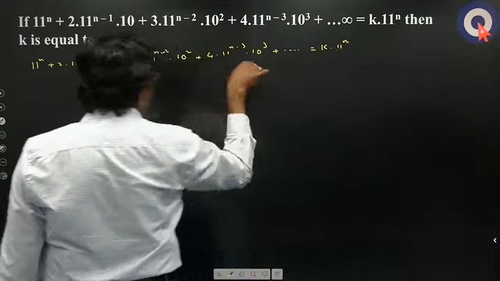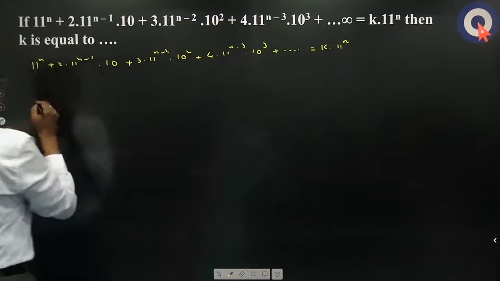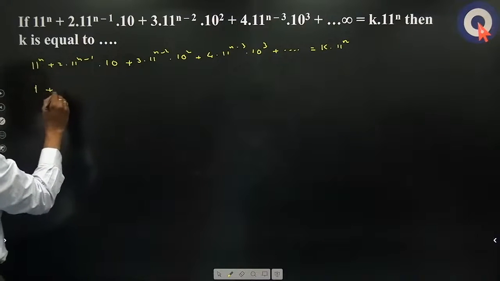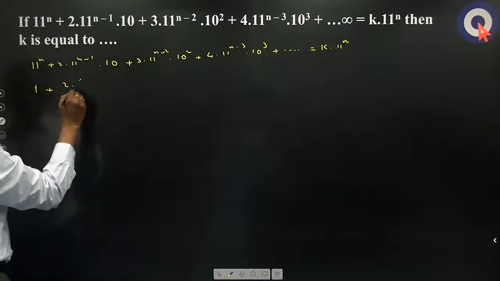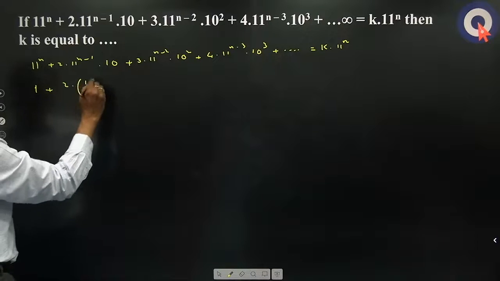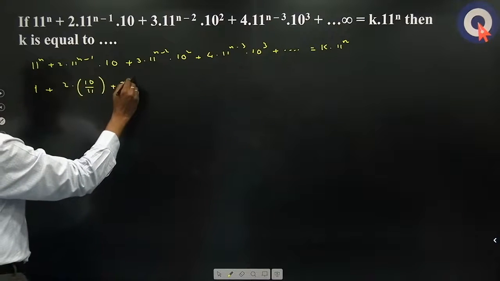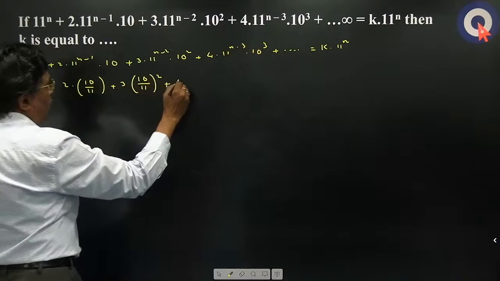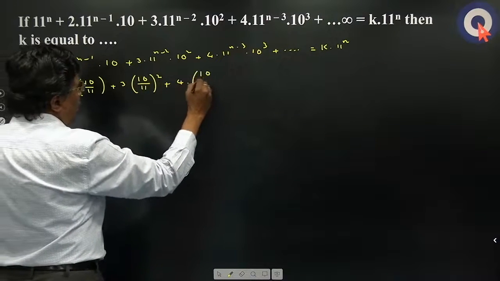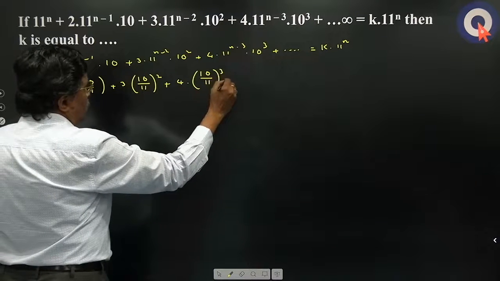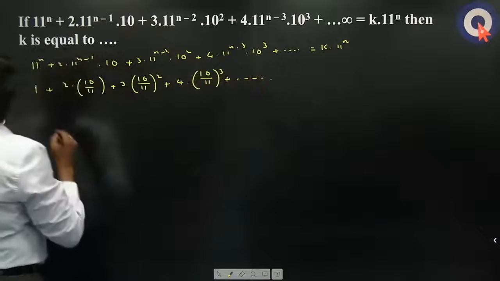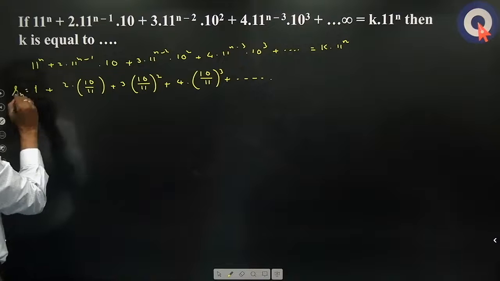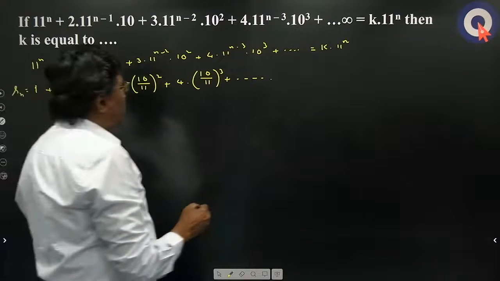We'll divide both sides by 11 power n, so that we get 1 plus 2 into 10 by 11 plus 3 into (10 by 11) whole square plus 4 into (10 by 11) whole cube plus so on. So let Sn be equal to this much. I will consider the nth term.